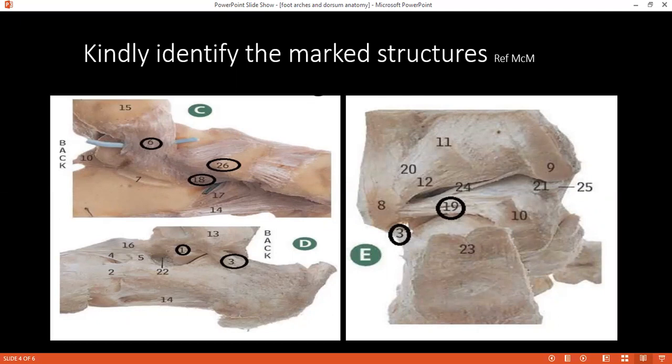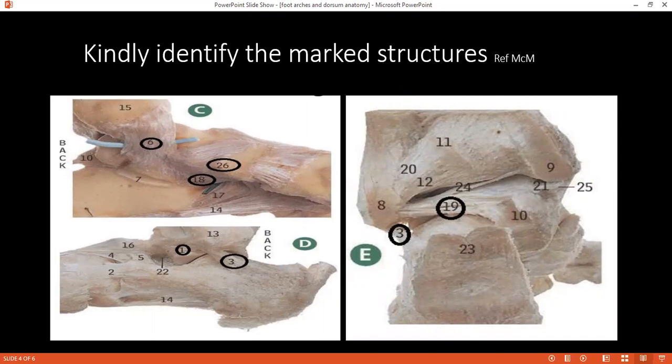Can you please tell me what you understand by the term mid-tarsal joint of Chopart? The mid-tarsal joint of Chopart is the complex joint that is formed by two joints lying transversely. Number one is the calcaneocuboid joint, and the other is the talocalcaneonavicular joint.